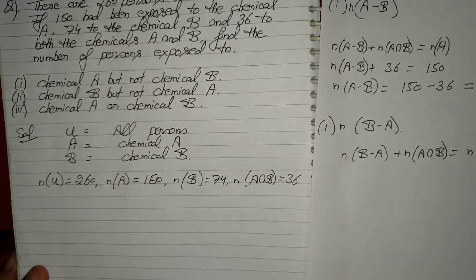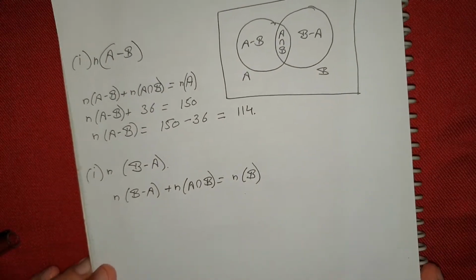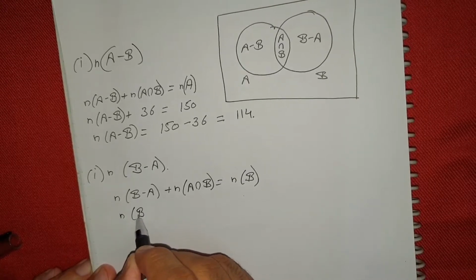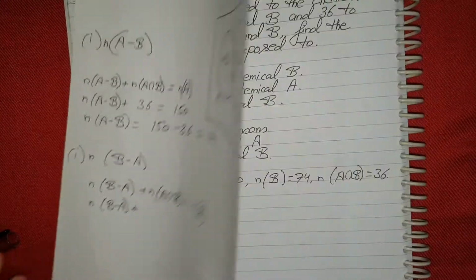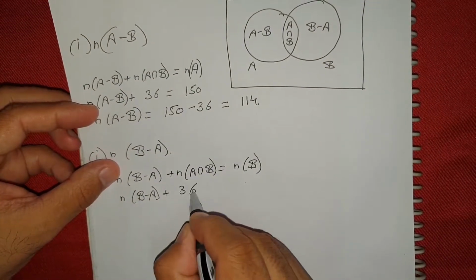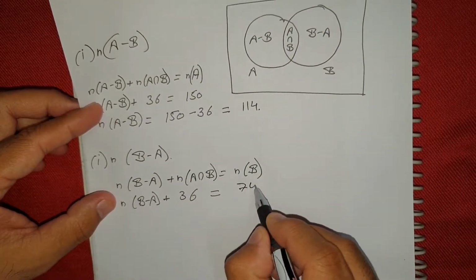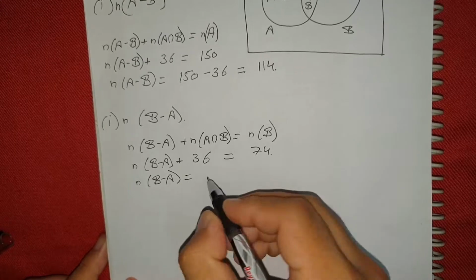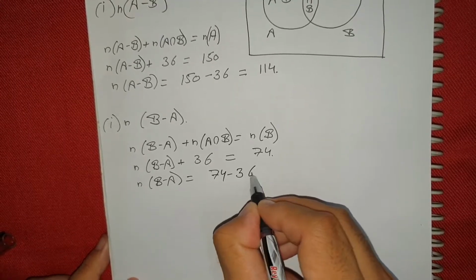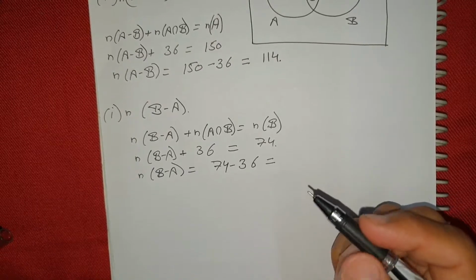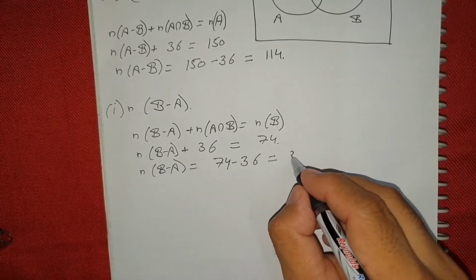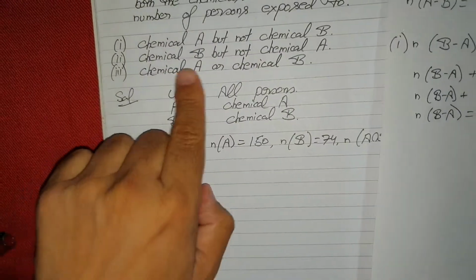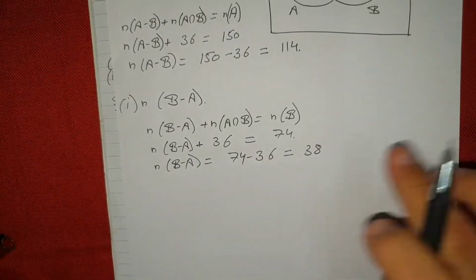So N of B minus A plus 36 equals 74. So N of B minus A equals 74 minus 36, which is 38. So the second part, chemical B but not chemical A, is 38.